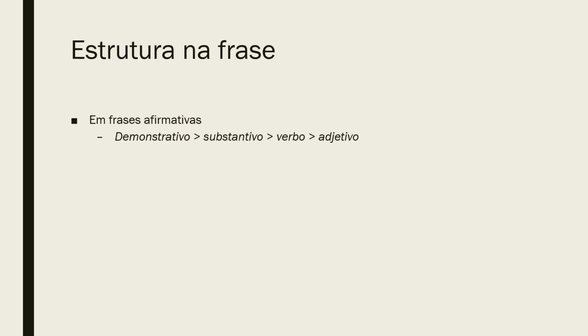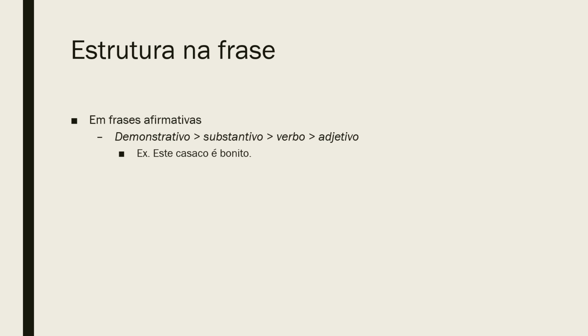Structuring the sentence using the demonstrative. So in affirmative sentences, we're going to have this structure: demonstrativo, substantivo or noun, verbo e adjetivo. So, for example, este casaco é bonito. It seems like a lot of formal talk in the previous sentence to just round up to a very simple sentence.